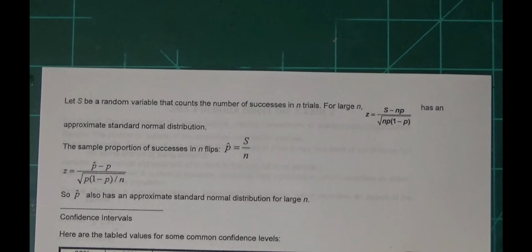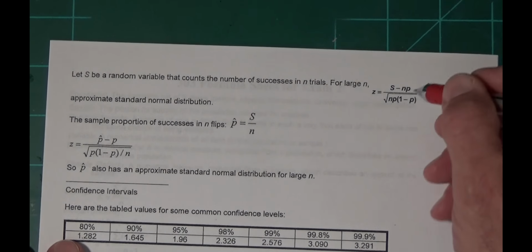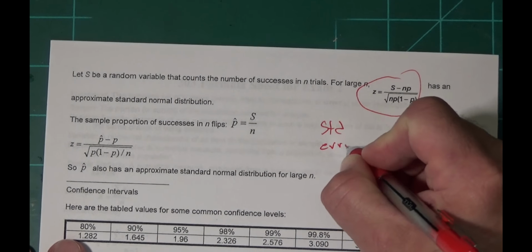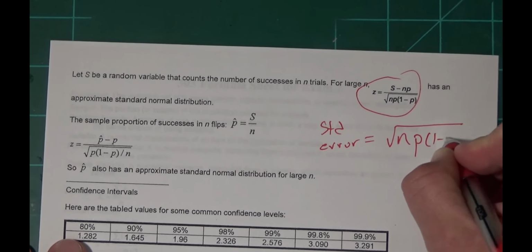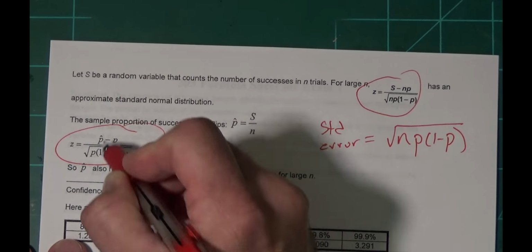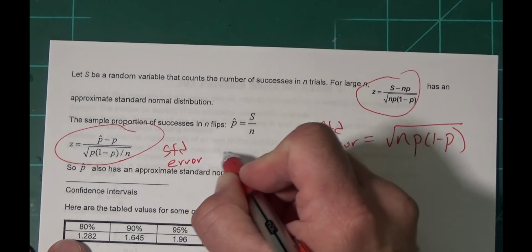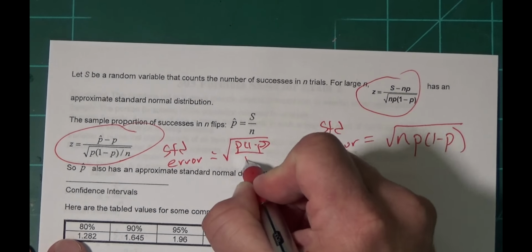And up here, she is doing the weirdness I was discussing. Okay? Right here, she's saying standard error is the square root of np times 1 minus p. And over here, she's saying standard error is the square root of p times 1 minus p over n.